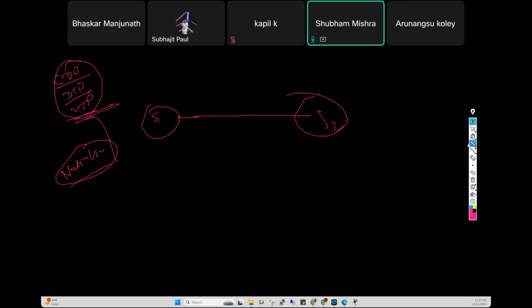Understand? So unused VLANs. We are not sending the traffic over the trunk, bro. Even we are not allowing. Why would you allow? That is unused. It means on this port nothing is connected.